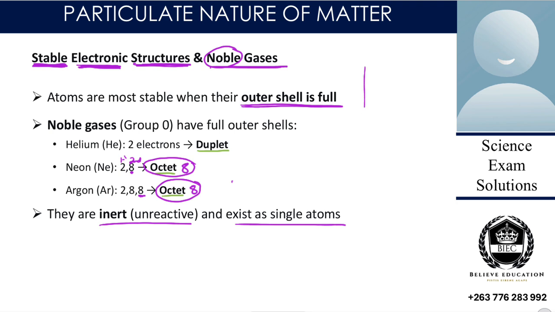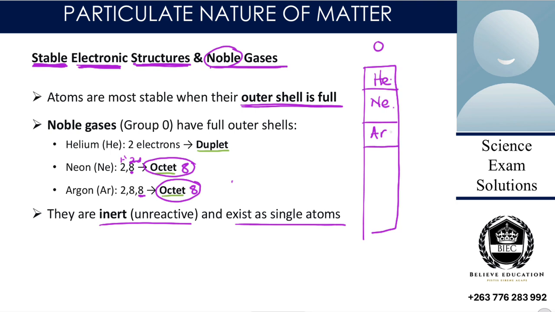If you go and look at group number 8 or group number 0, you find you have helium, you also have neon, and you also have argon. So helium, neon, argon, they all share the common trait of group 0 or group 8. Are we together? Group 0 or group 8 is the one with the noble gases. These have what? Stable configurations. Are we together?